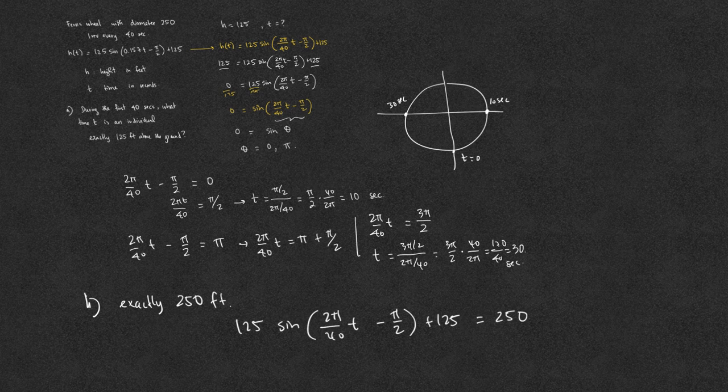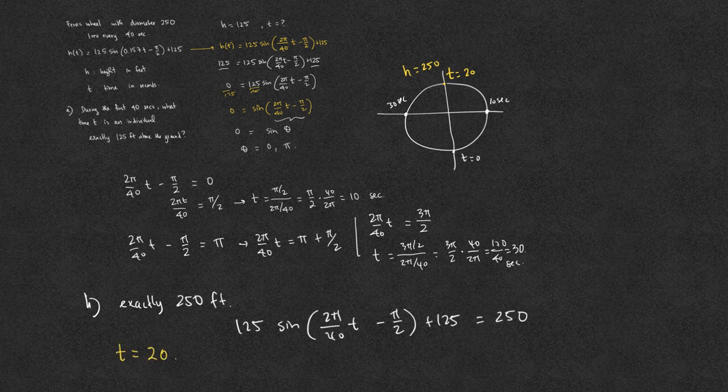When t equals 20, we are at the top. And at the top, the height is 250. So during the first 40 seconds, the individual is exactly 250 feet above the ground when t equals 20.